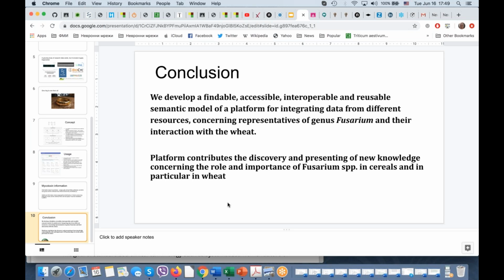Our platform aims to contribute to the discovery and presentation of new knowledge concerning the role and importance of Fusarium in cereals, and in particular in wheat. So thank you very much.